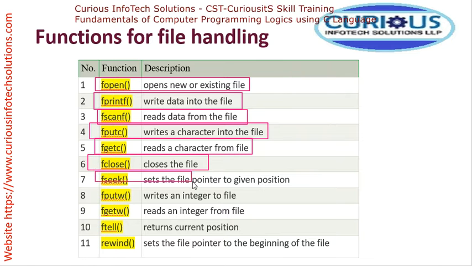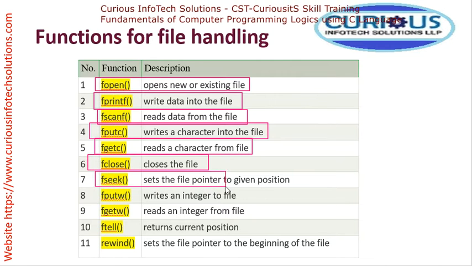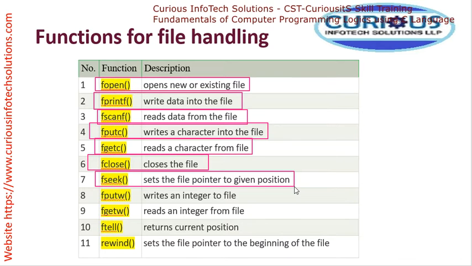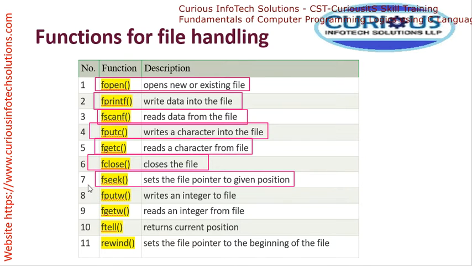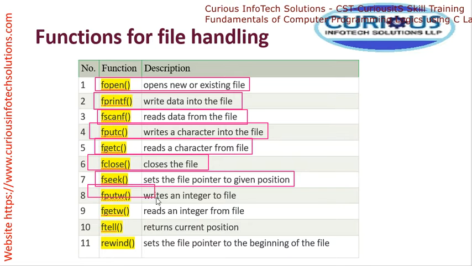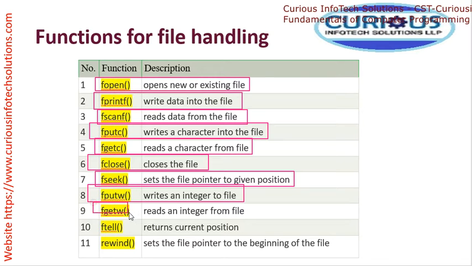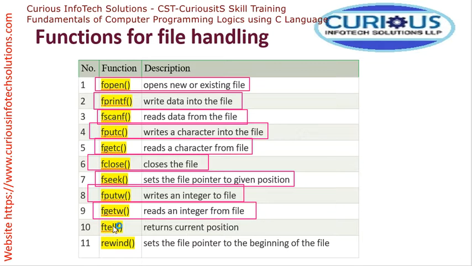Fseek, whenever we want to move the pointer to a position, we have to use fseek. Fputw, it writes an integer to file. Fgetw, it reads an integer from file.